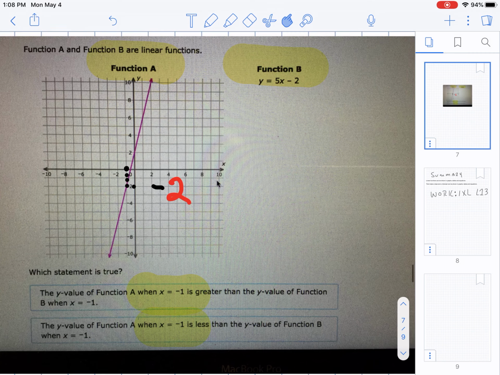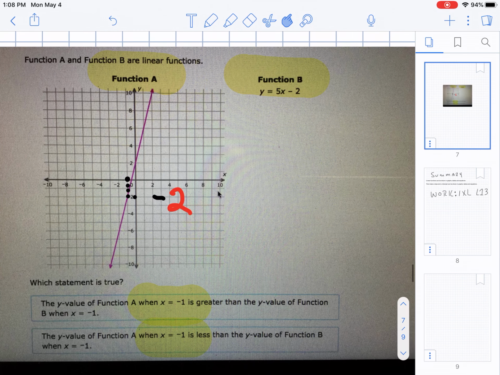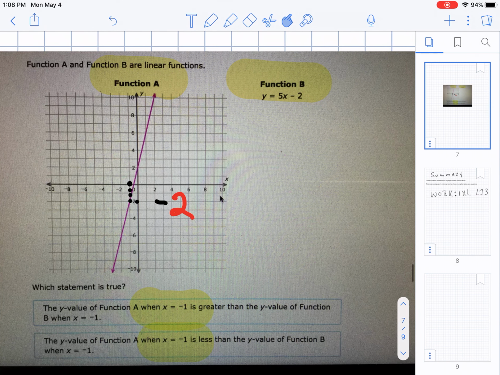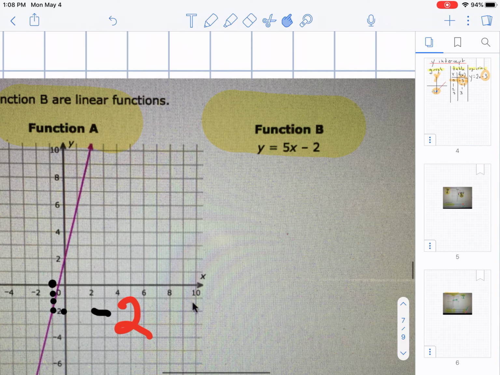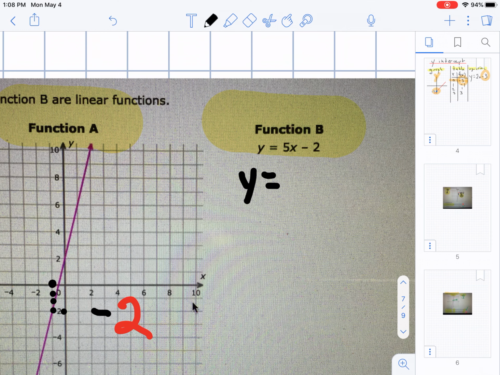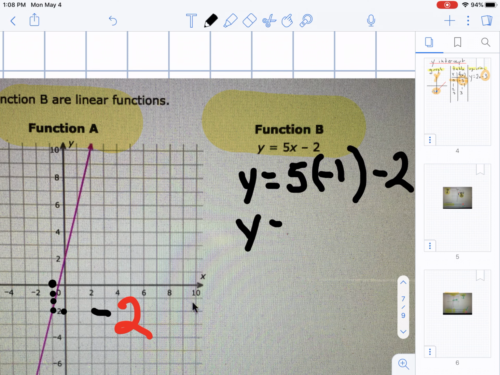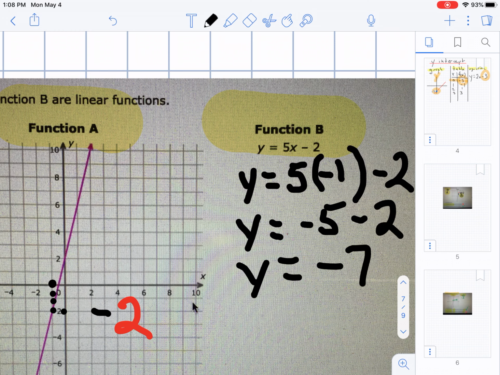Okay, now in equation form, we want to know what the y is when x is -1. So all we do is y equals 5 times -1. We just put -1 where the x is, minus 2, and you use your order of operations to solve. So y equals -5 minus 2, y equals -7.